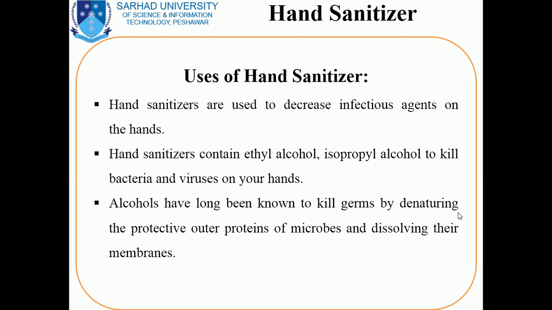Alcohols have long been known and popular for killing germs by denaturing the protective outer proteins of microbes and dissolving their membranes. Hence, they are preferred to kill germs by denaturing their proteinaceous protective outer coating, and that's why hand sanitizers are used.